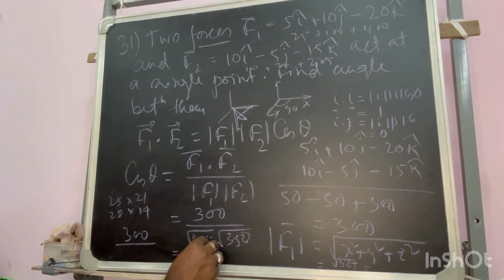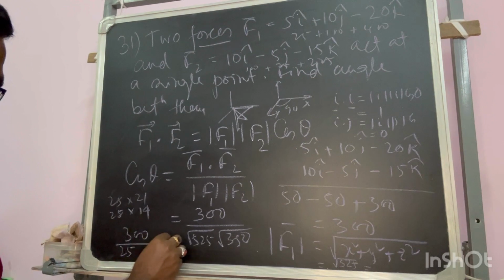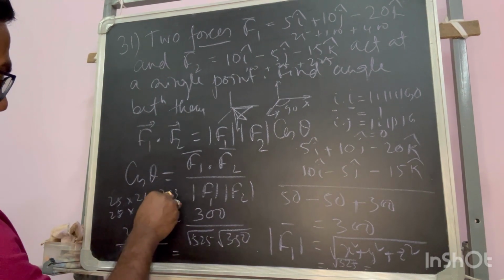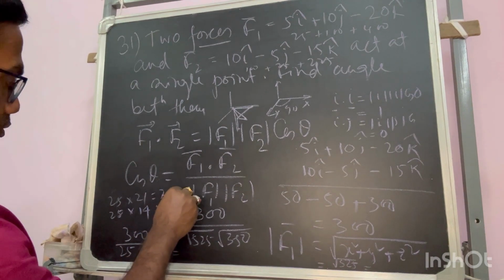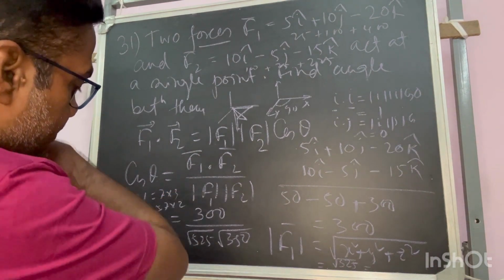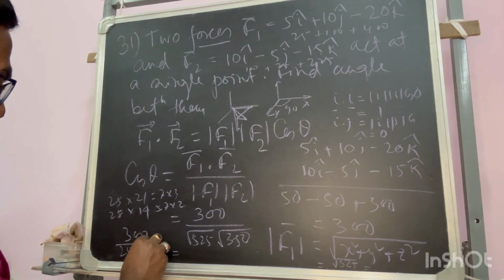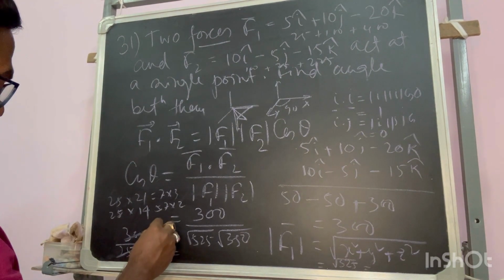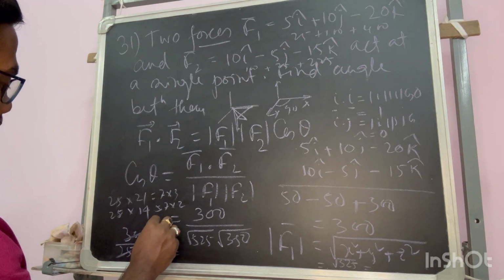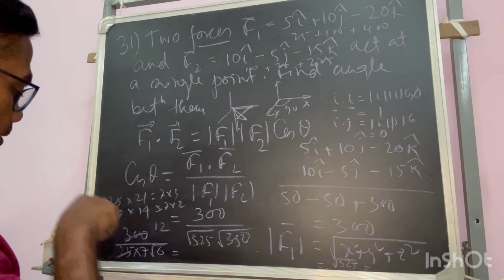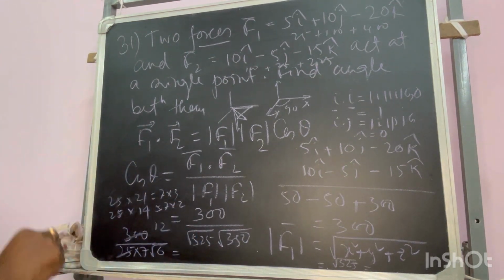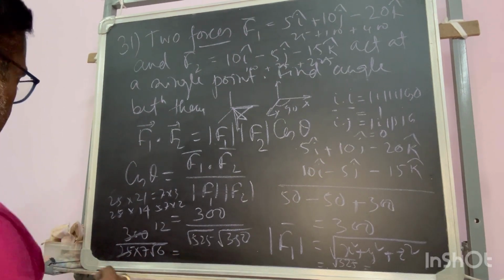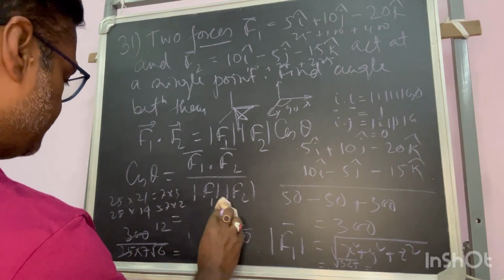So 25 can come out from here, and the 7s will cancel, so it will come to 6.